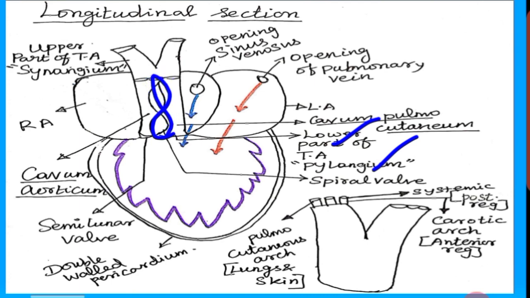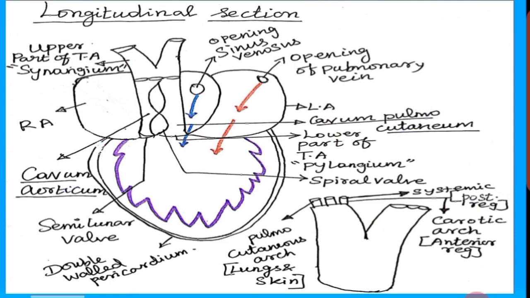Based on the presence of spiral wall, that area of the truncus arteriosus is divided into two parts. That is cavum aorticum and cavum pulmocutaneum.